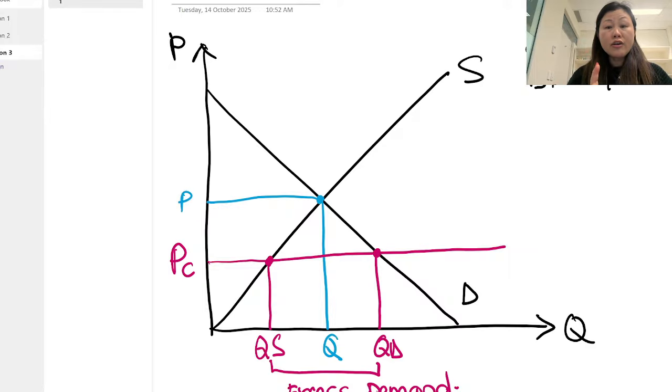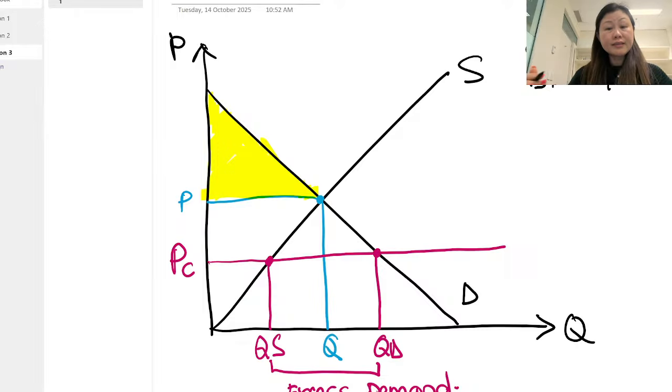Now, we know that consumer surplus is the area below the demand curve and above the price. So this is your consumer surplus. Okay, like I said, I'm quite consistent. I tend to shade my consumer surplus with yellow and my producer surplus with green.